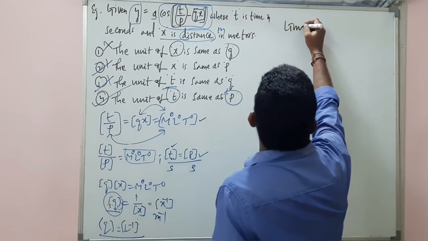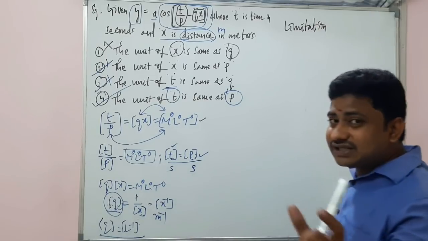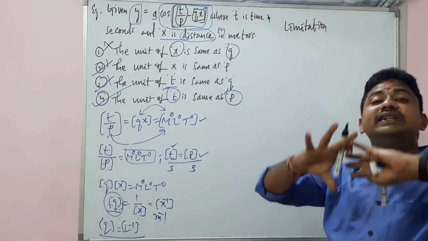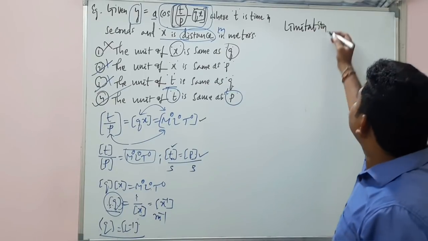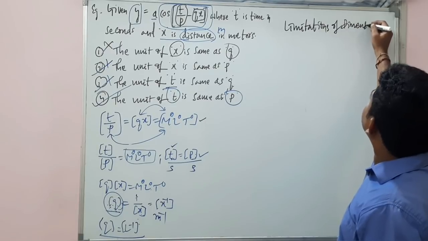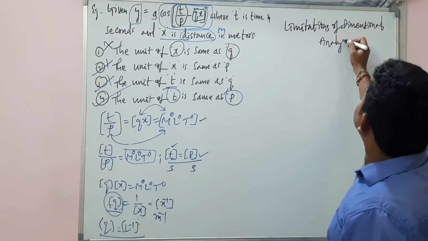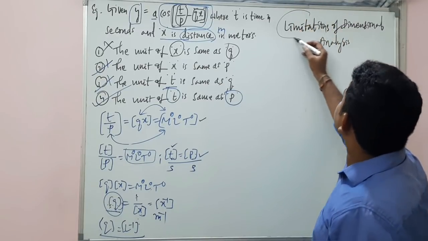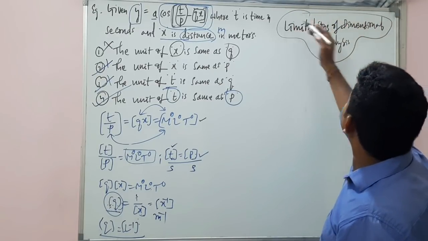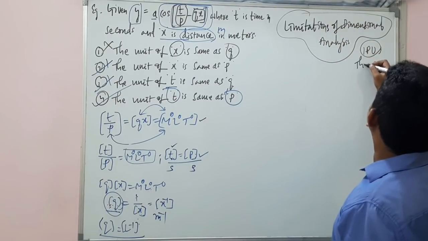Now let's come to the last topic of the dimensional analysis, a complete dimensions topic. Limitations of dimensional analysis. What are the limitations? Listen. So important for your first PU theory exam.